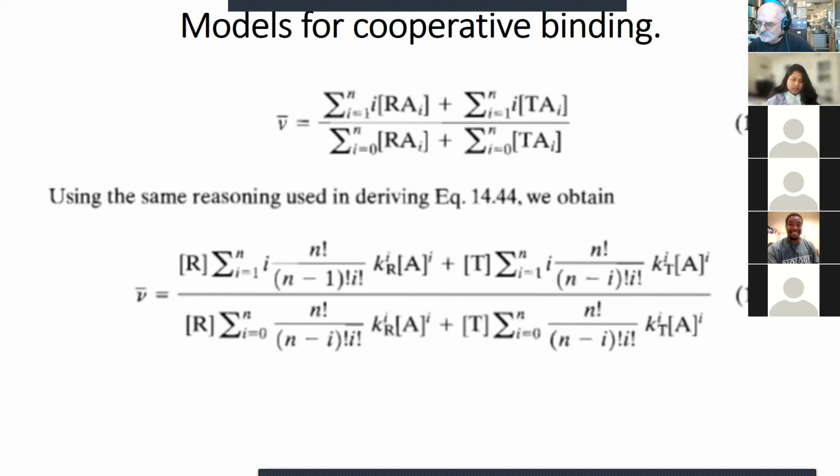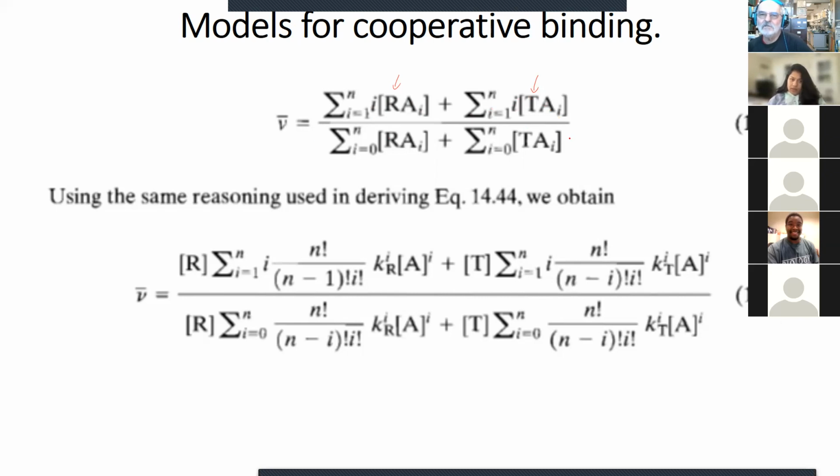The complexity is that the ligated forms can be either in the T state or the R state. So you have 2 sums to deal with: I times RAI and I times TAI.